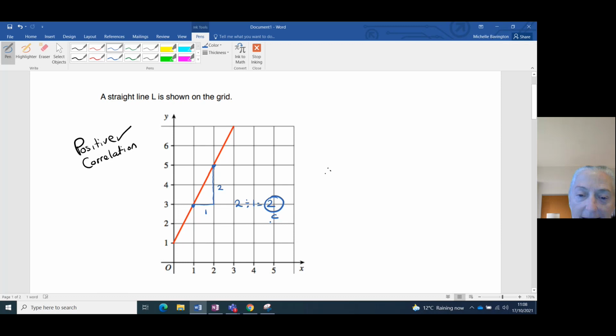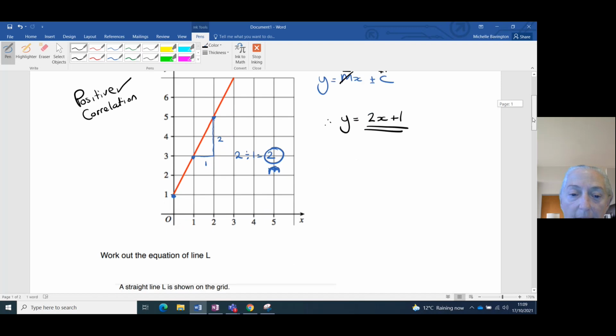That's our m, and that's the y-intercept. So y equals mx plus or minus c, and therefore we can do 2, and that's a plus 1 still, and again we've got the same answer, y equals 2x plus 1. As long as it's in the corners.